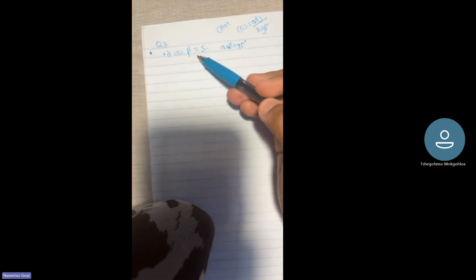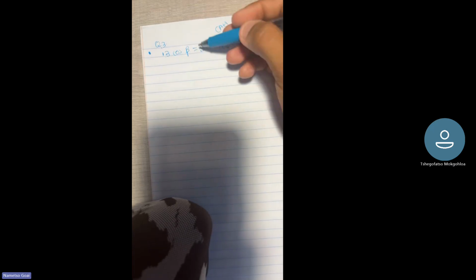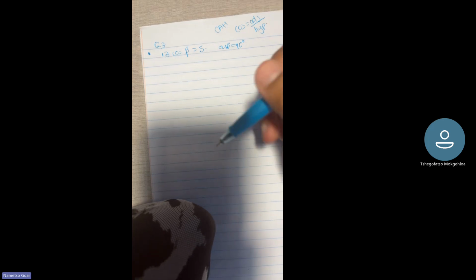Remember, cos is given by adjacent over hypotenuse, right? So if we're given 13 cos beta equals 5, we should strive to make this cos beta a fraction. And the only way we can make it a fraction is if we divide both sides.